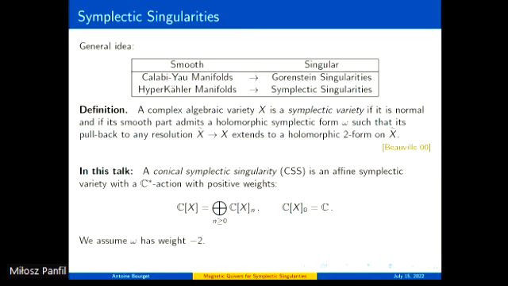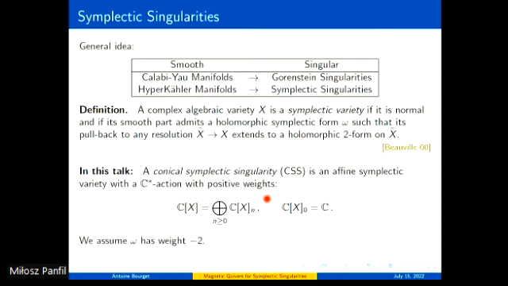I will not use too much the details of this. And also I will restrict on a slightly narrower class, which are the conical symplectic singularities, where in addition, I demand a grading, well, a C star action, which corresponds to a grading of the coordinate ring, a grading by the integers.